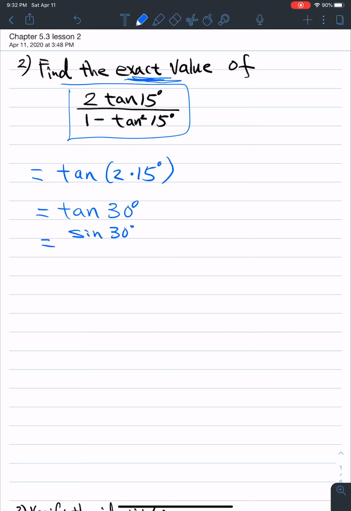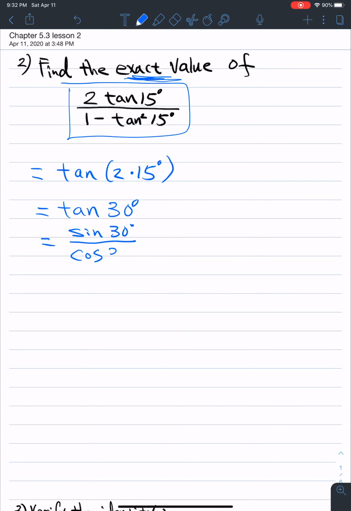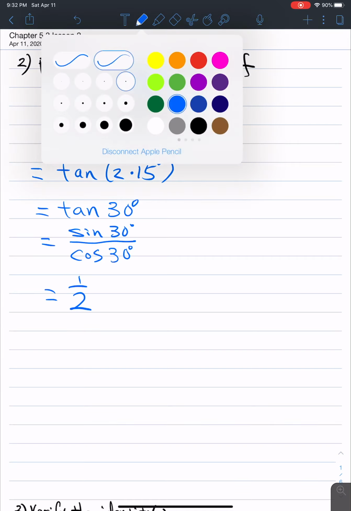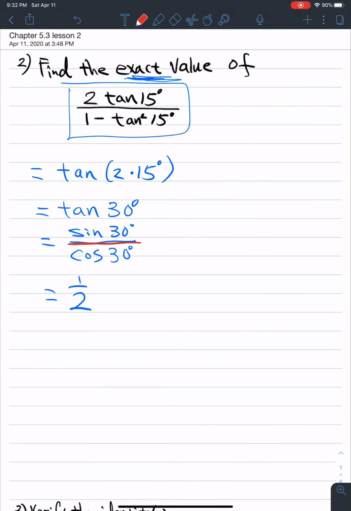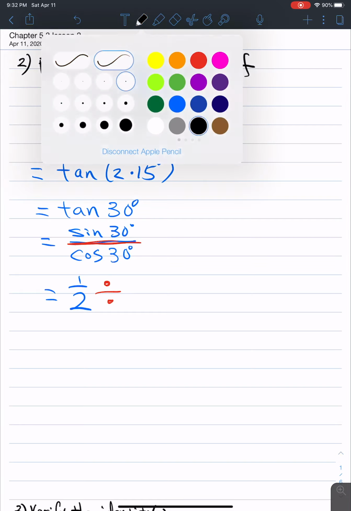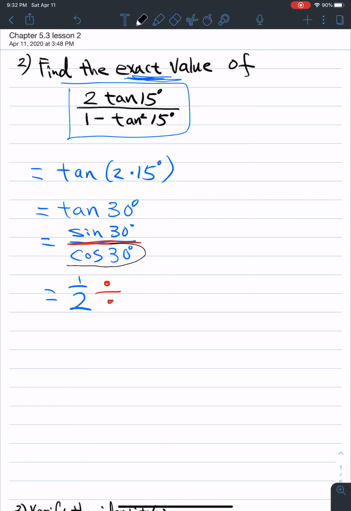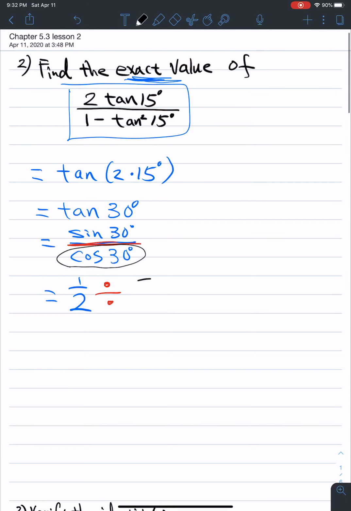So tangent 30, I can change to what? Sine 30 over cosine 30. Sine 30 is a half, and then that's a divide. And cosine 30 is what?